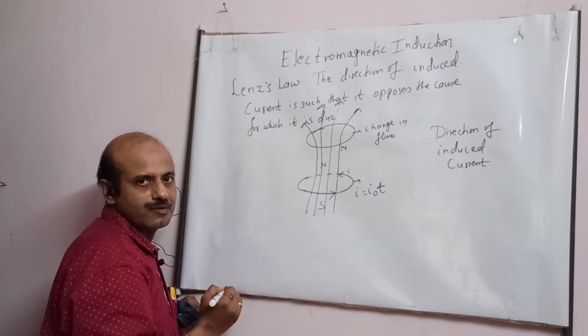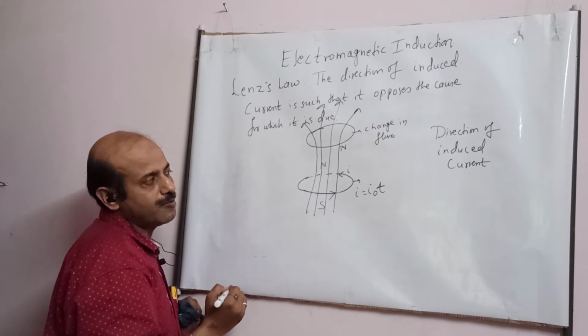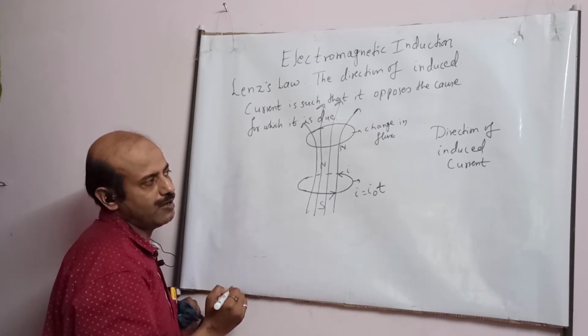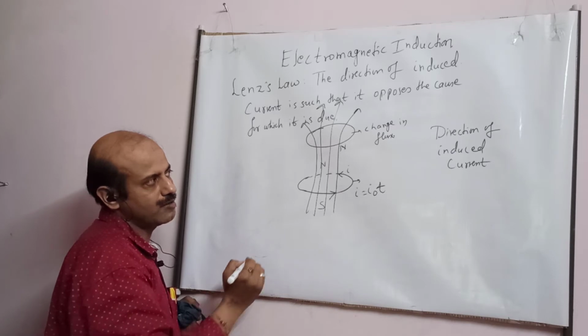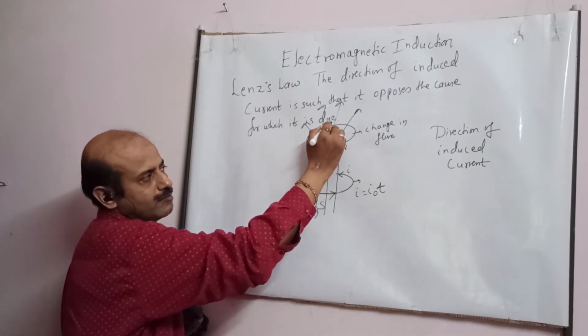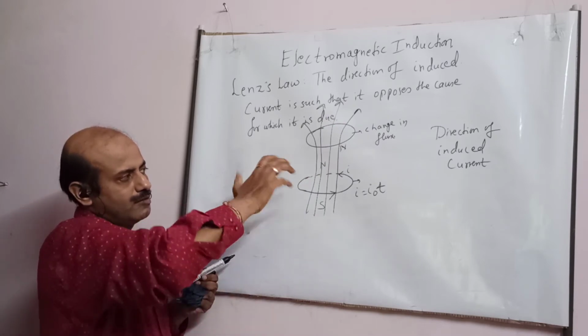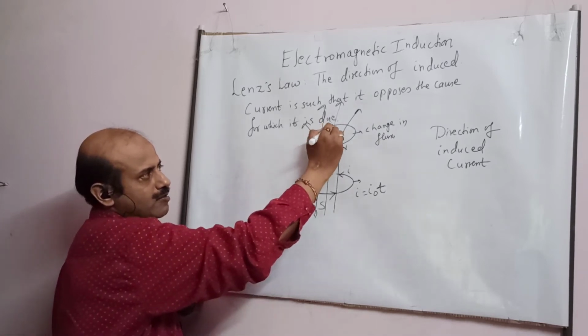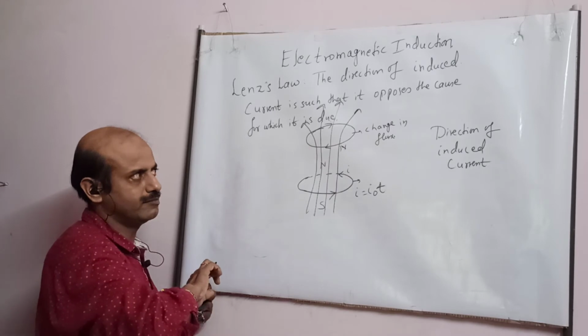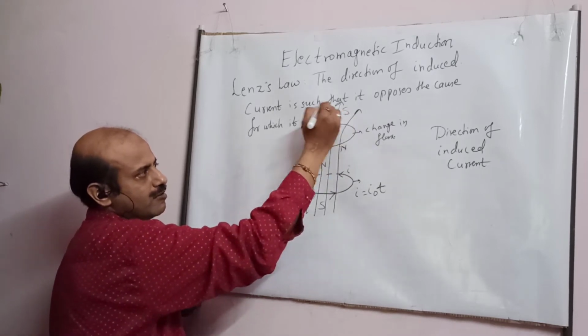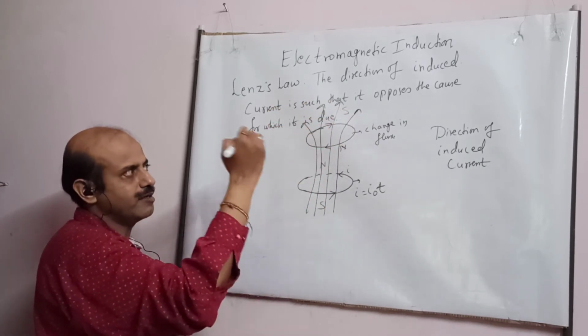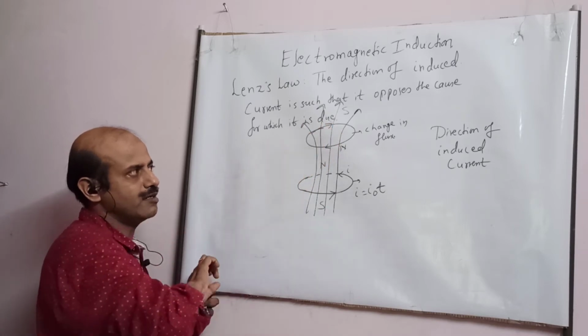Then it can oppose. And to produce a north pole here, what will be the direction of current, student? The current will be like this. This is north, this is south. So it is opposing it. This is the direction of induced current, student.